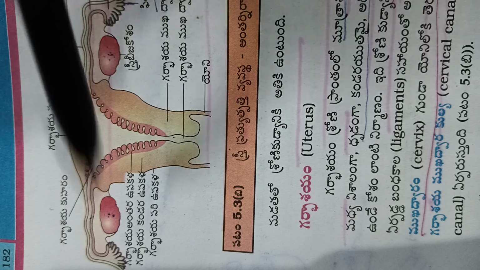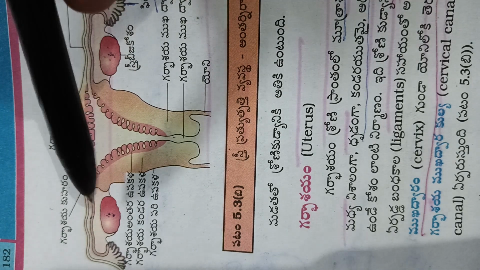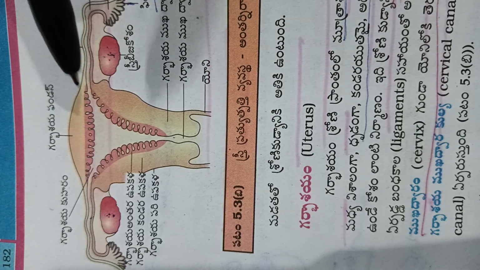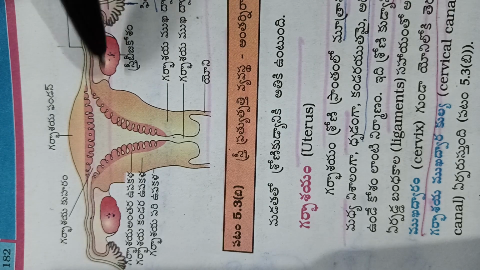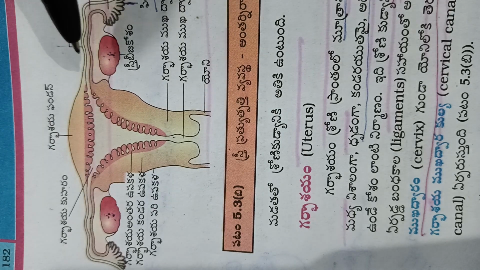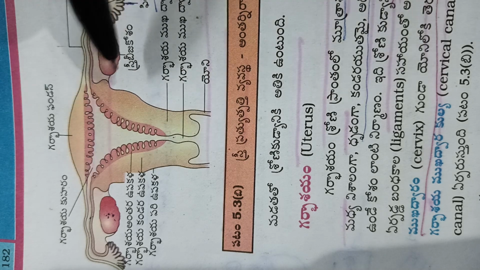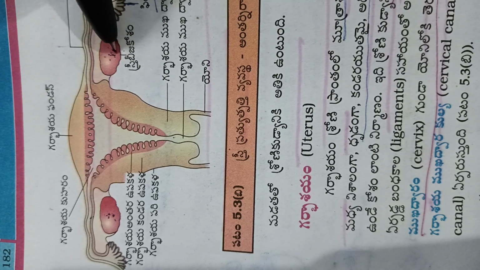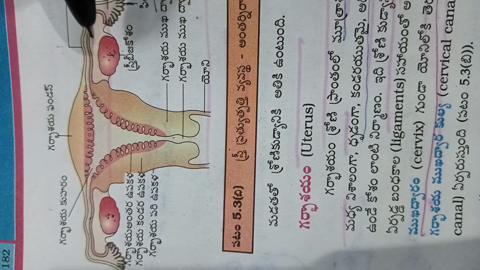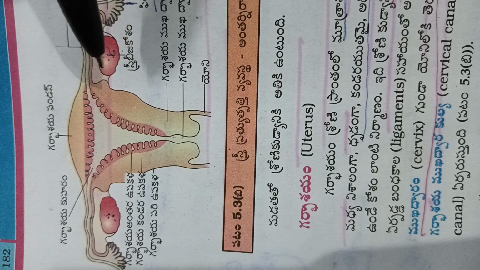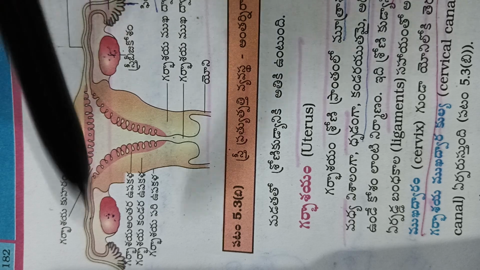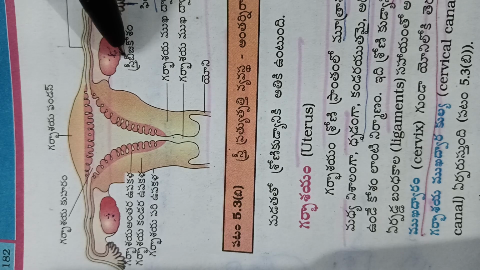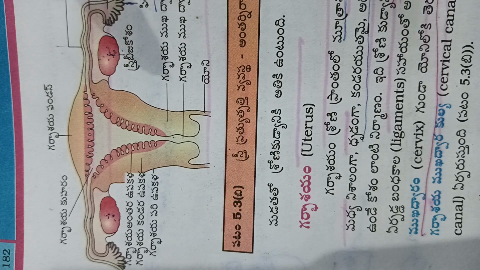So by seeing these ovaries we can primarily differentiate whether the living organism is male or female. If there are ovaries, we can say that it is a female child. These ovaries are called primary sex organs.